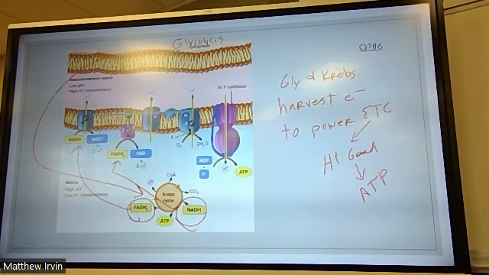So when we look at the intricate reactions of cell respiration, they're not going to test at that detail. If they are looking at that detail, they will probably give you a diagram of it, and then you have to interpret things.